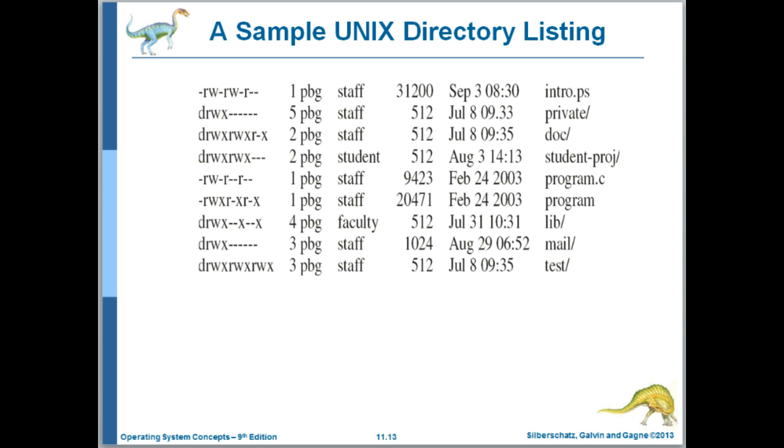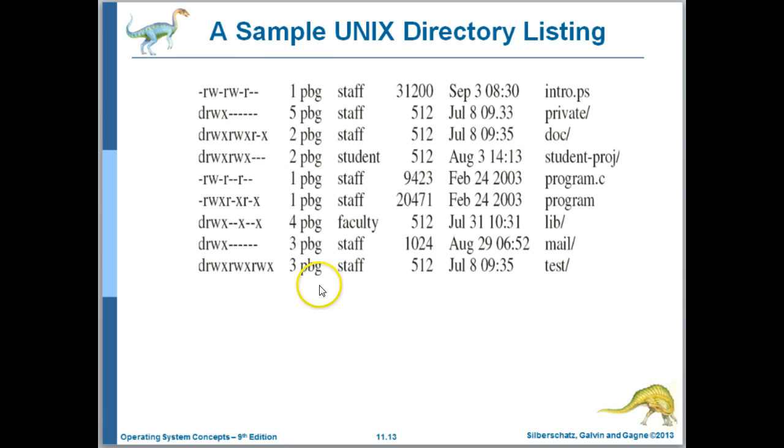So here's what you'll see if you perform an ls -l from a shell in Linux. So here are the permissions. The first three are for the owner, the next three are for the group, and the final three are for world.